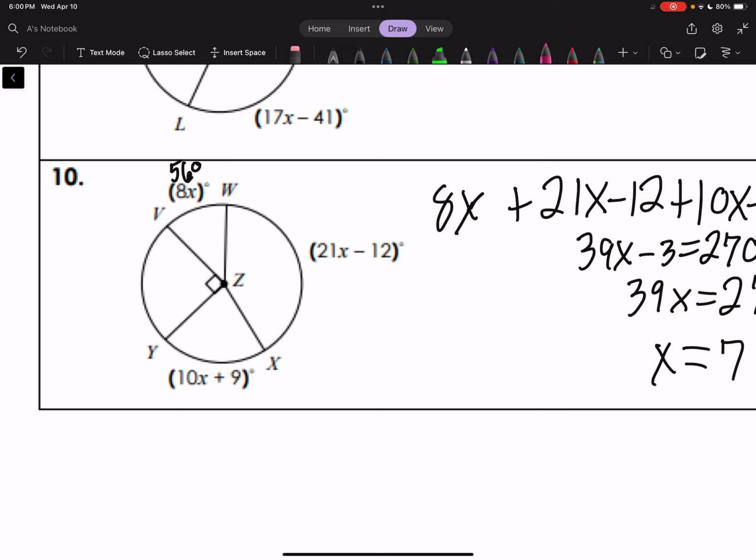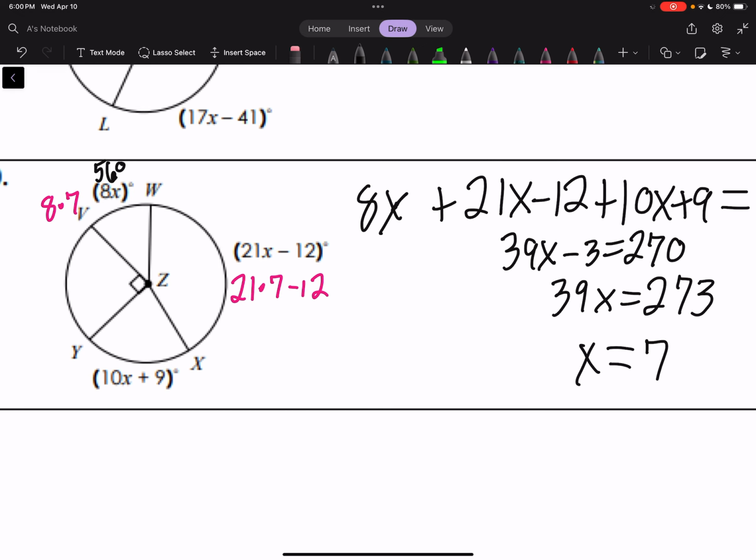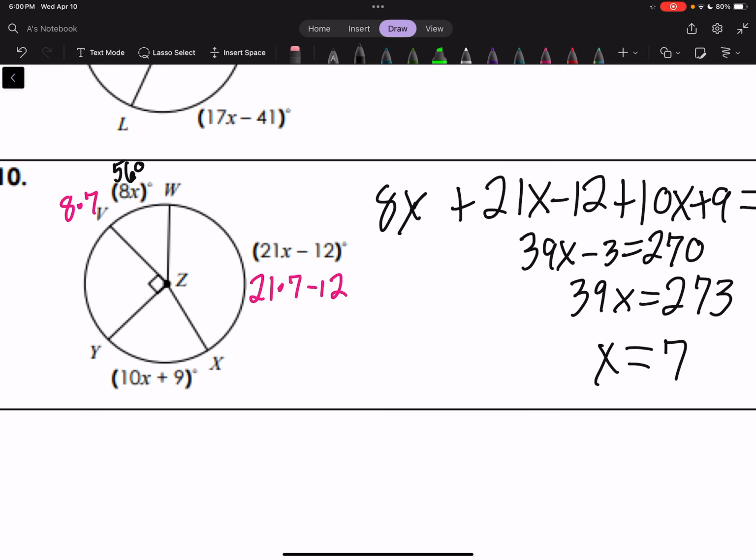I'm going to write in pink what I'm actually doing, and black is my answer. Okay, so 21 times 7 minus 12 is going to give me 135.